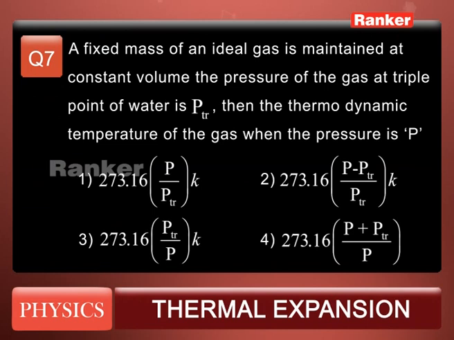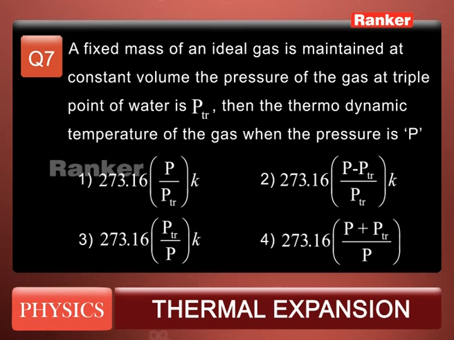Question number 7. A fixed mass of an ideal gas is maintained at constant volume. The pressure of the gas at the triple point of water is P0. Then the thermodynamic temperature of the gas when the pressure is P is: the first option, 273.16 P by PTR.